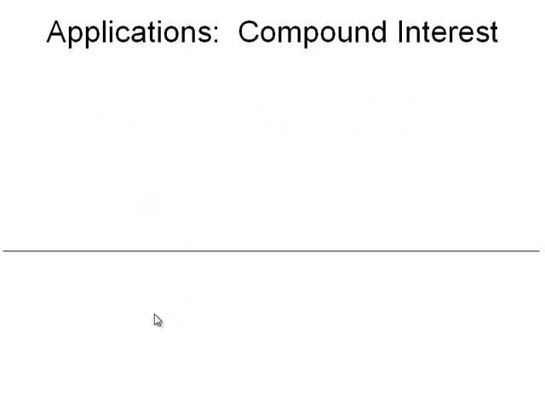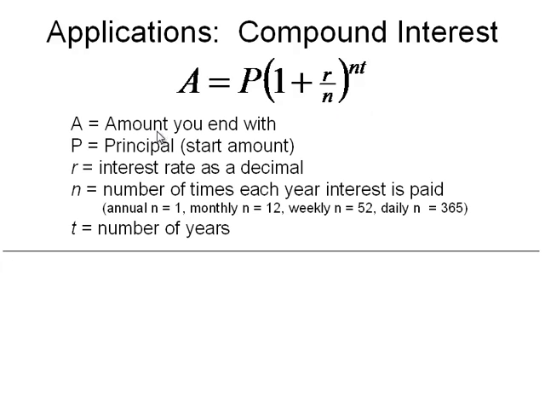Okay, a couple of applications. There's a compound interest formula. A is equal to P, open parentheses, 1 plus r divided by n, close parentheses, to the nt power, where A, big A, is the amount that you're going to end up with, like after 10 years, 15 years, whatever. P is the principal, that's the amount you start with.